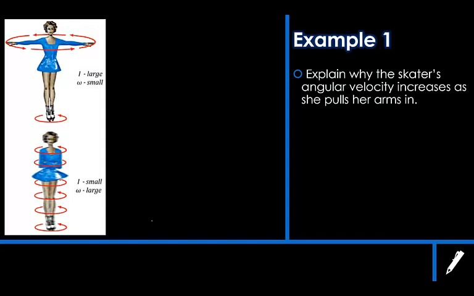So to show how we can apply this in an explanation style question, we'll go through and explain why the skater's angular velocity increases as she pulls her arms in. So the first point to make here is that as she pulls her arms in, her effective radius decreases.